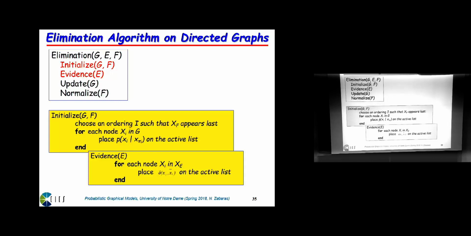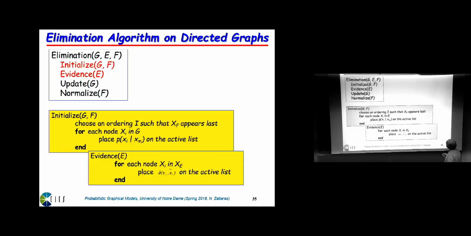So let's see the details of what these algorithms do, and then we'll come back to this thing on the top. At the initialization, you choose an ordering. This is very important, an ordering such that the query nodes appear last. Okay?